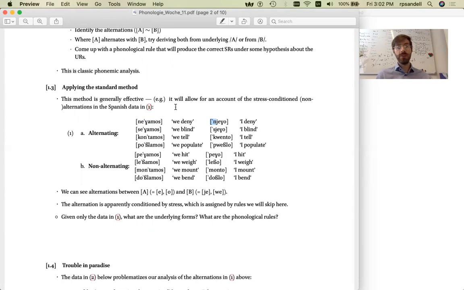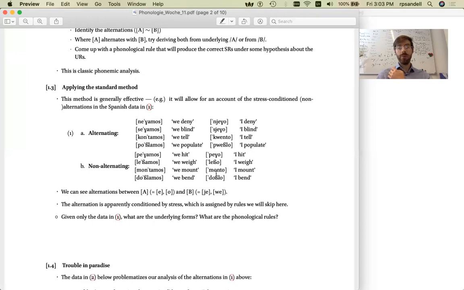So the difference here is that in verbs like negamos, negar, cerramos, ciego, whether we find the vowel a or ye in the syllable depends upon whether it's under the stress. And the same applies to the vowel o, which can alternate with we. So contamos, contrasting with cuento.